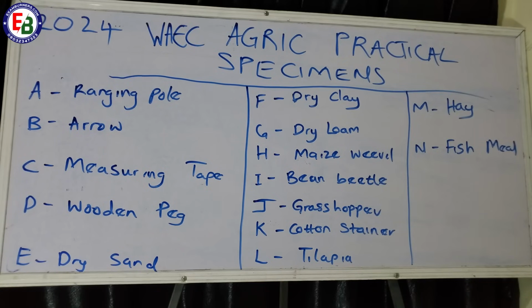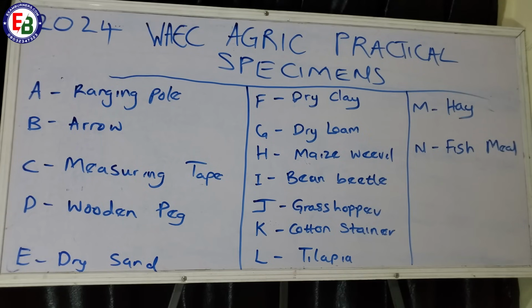You can be told to determine the water absorbing rate of the soil. So there are different experiments they can ask you on specimen EFG. Those are just soil basically. They can tell you to differentiate between specimen EFG in tabular form. The tabular form might be there already. So I want to move on to specimen HIJKL.